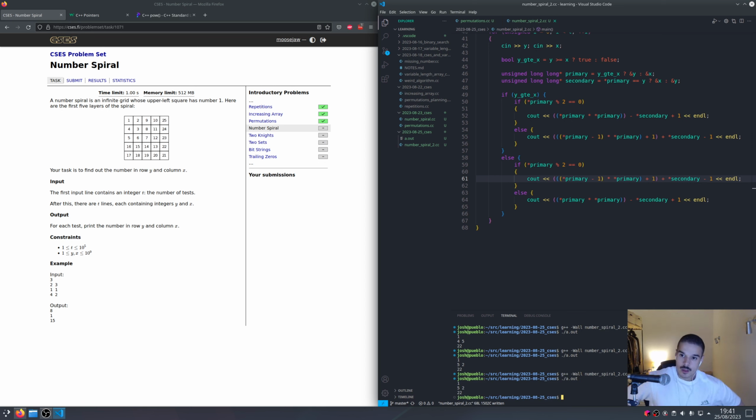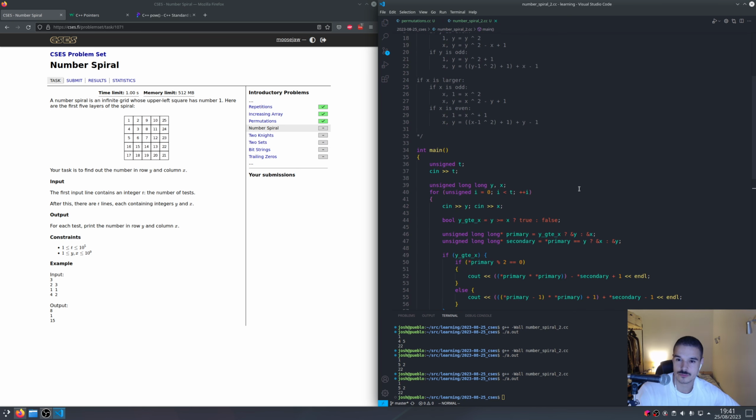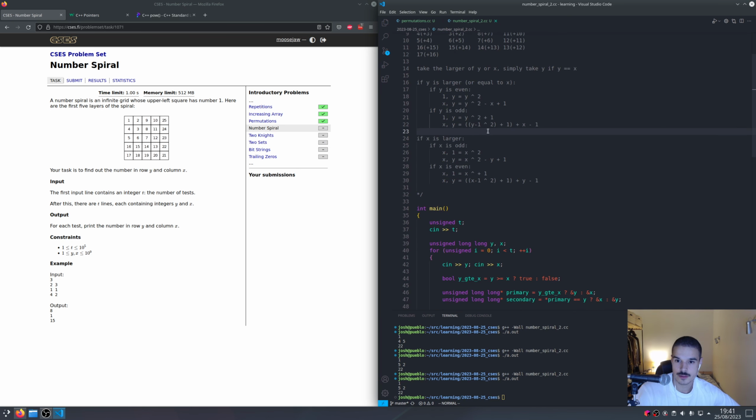Okay. Those match. Those match. So it's the formula's still wrong, I think.